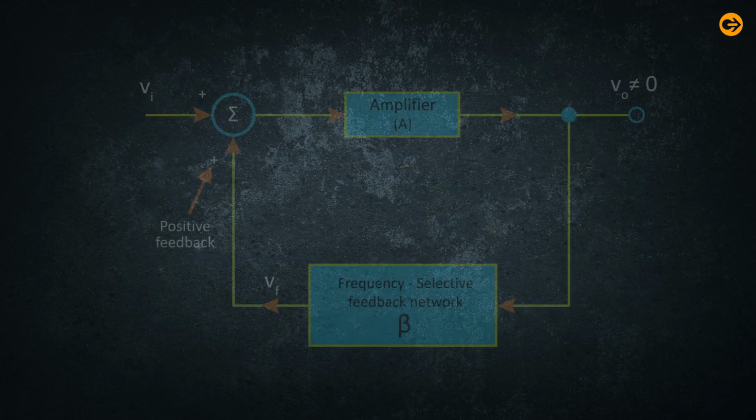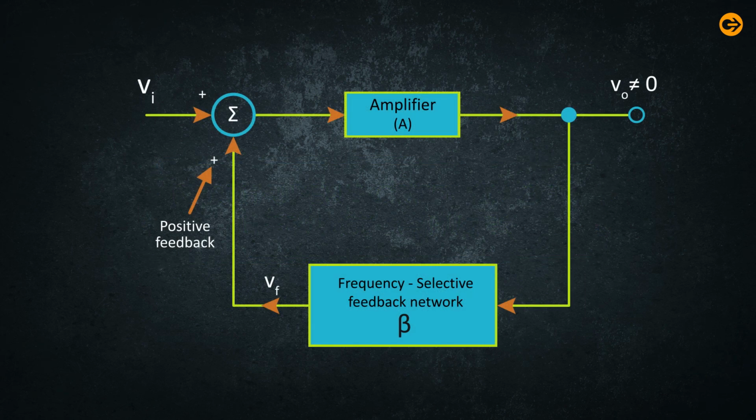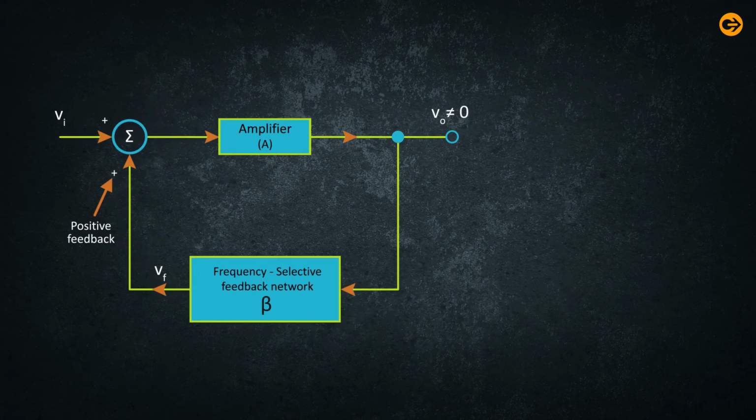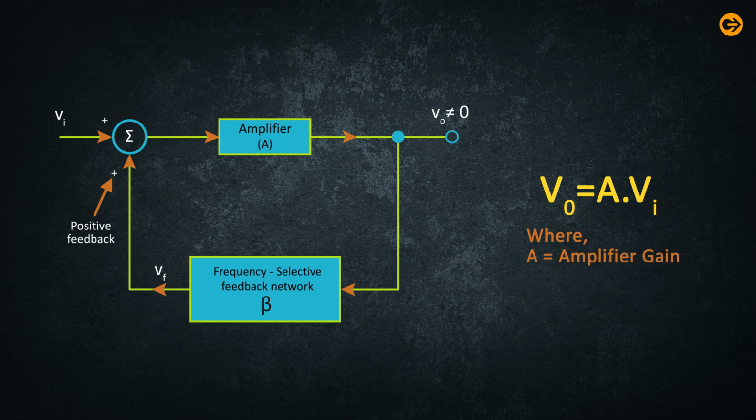Now let's consider a fixed voltage, that is Vi, which is applied at the input of the feedback amplifier. The output that we get is V0, that is V0 equals A multiplied by Vi, where A is the amplifier gain. The feedback network beta determines the feedback to the given input.